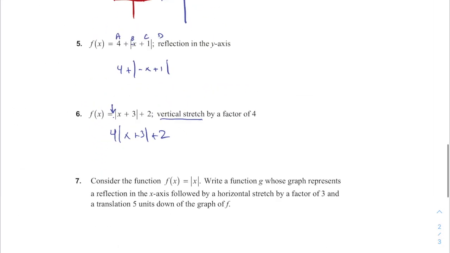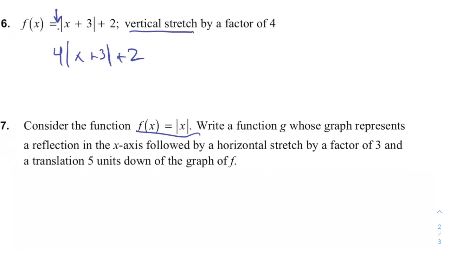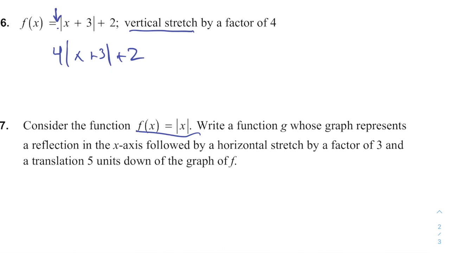Now it says there's a graph of absolute value of x. Write a function whose graph represents a reflection in the x-axis followed by a horizontal stretch by a factor of 3 and a translation of 5 units down. So we have to take this and do this one at a time. First we're going to reflect across the x-axis.